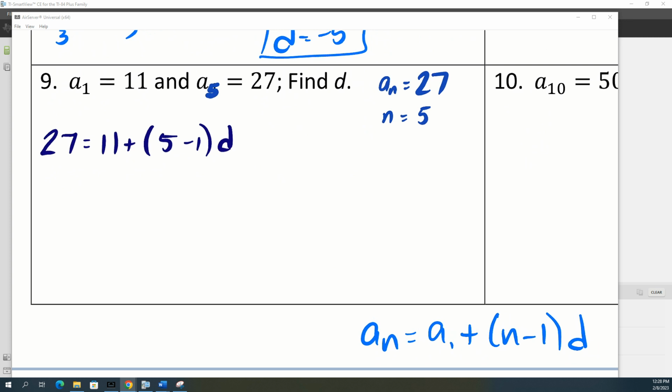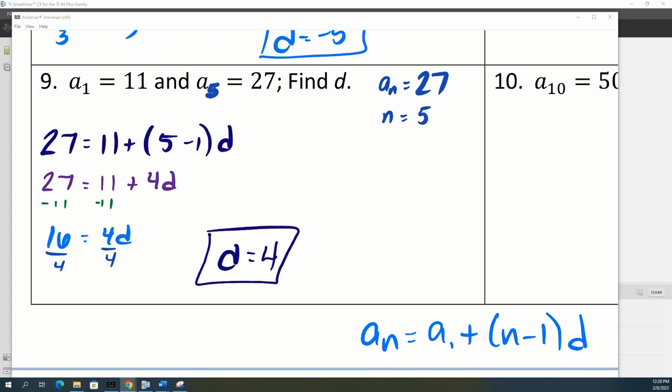And then we'll just follow the same steps we just did. Right. And then on this one, we're going to get that D is 4.